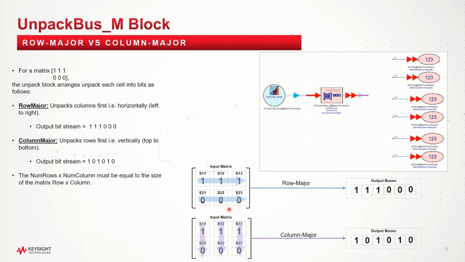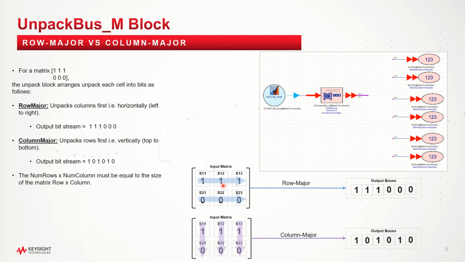And for the input matrix, which is being fed by this MATLAB script, of course it can be any matrix. When we choose the row major format, then all the buses are fed individually, and you can see it will unpack the columns first.